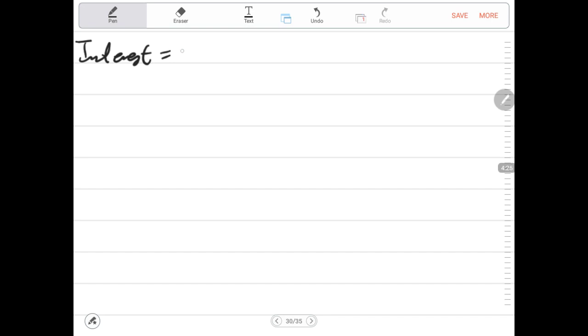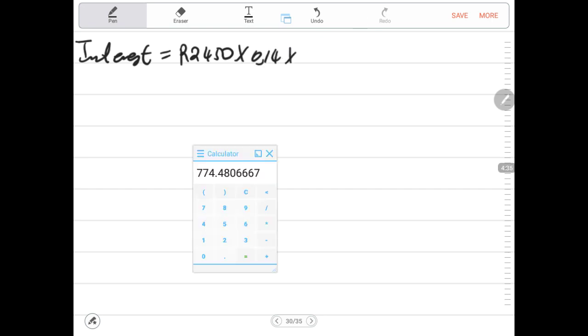The interest for the number of days will be 2,450 times 0.14 times how many days are we talking about? March has 31 days. 31 minus 14 will give us 17. So now it times 17 over 365. Assume 365 days in a year.